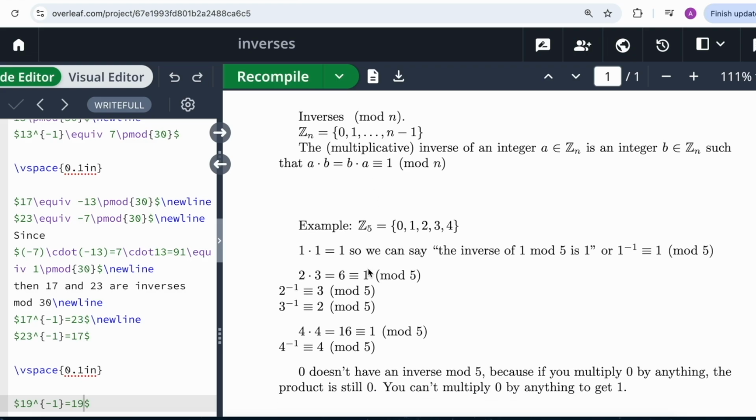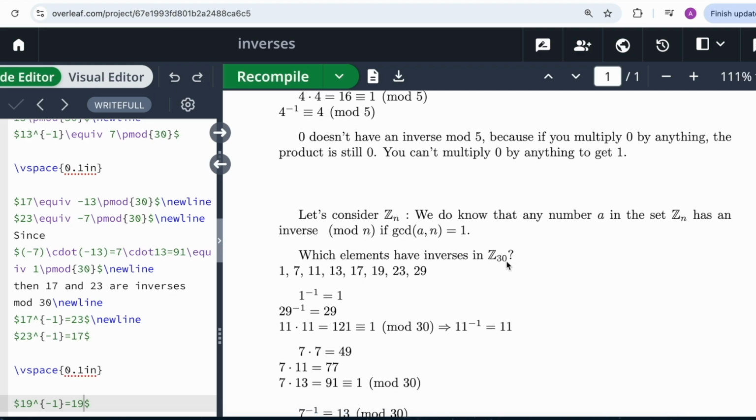So in the case of something like Z5, 1, 2, 3, and 4 will all have inverses because these are all relatively prime to 5. And in the case of a non-prime number, we just go through the list of the numbers from 0 to n minus 1, and we think through which ones are relatively prime, and we list those ones out.